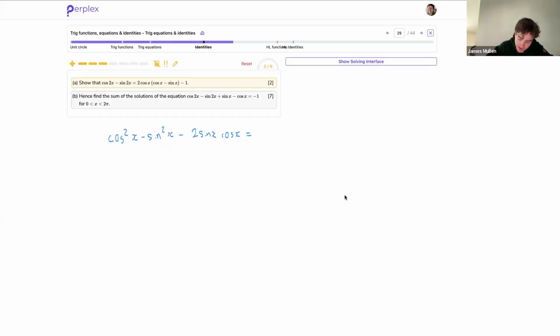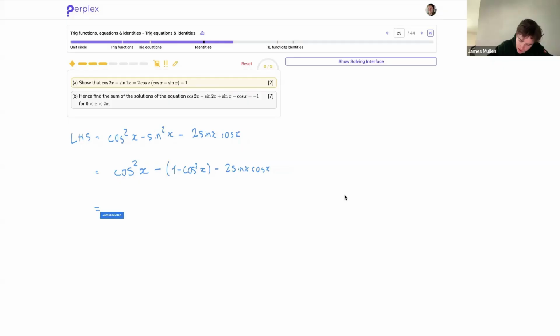What I'm going to do is rewrite this sin squared as 1 minus cos squared. I should have probably used a different double angle, but I didn't know where I was going until now. So cos squared x minus (1 minus cos squared x) minus 2 sin x cos of x. So I should put the left-hand side is equal to that.